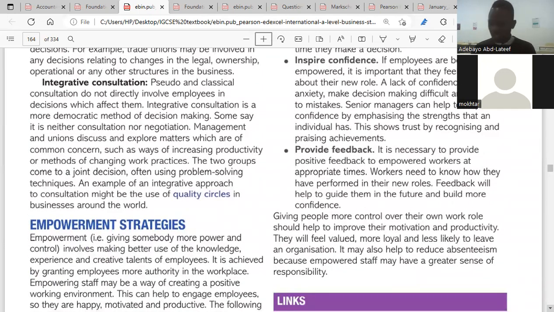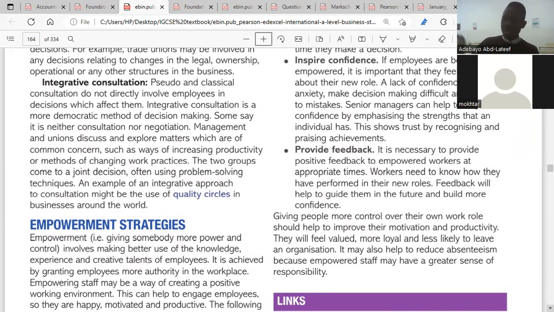For integrative consultation, here it involves employees directly, unlike pseudo and classical. For pseudo and classical, the employees are involved indirectly. But for integrative consultation, this involves employees directly. So I wrote, this directly involves employees on matters that commonly concern them.